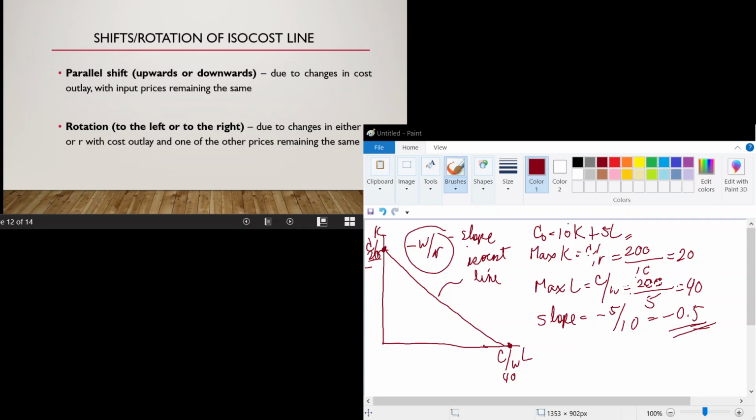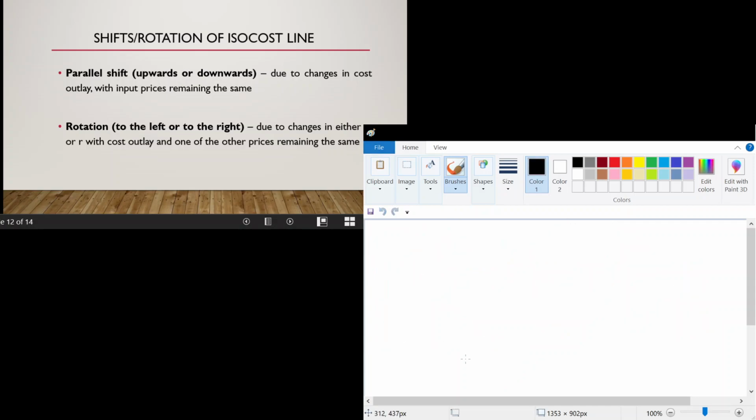Mag-ano ka ng bago na graph para mas makita natin. Okay, so we have K and L. Nakikita.